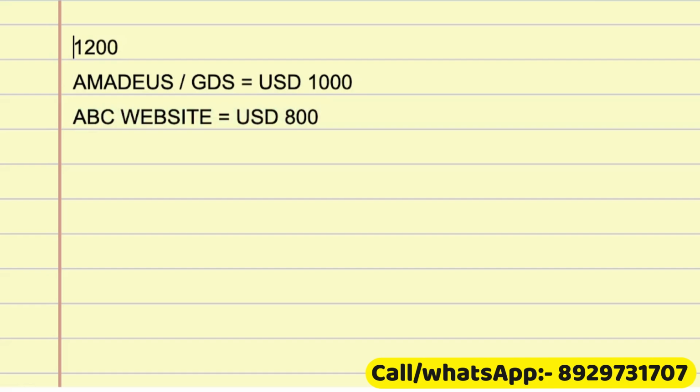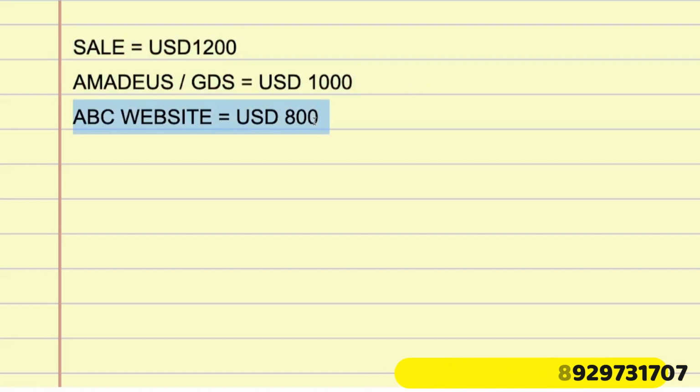Let's say that is your selling price. So you're selling it for $1,200, you're getting it for 1,000 on your Amadeus, and on the third party website you're getting it for 800. Let's say they have a deal, or for any reason they're getting it for a cheaper price. In that case, if we book from our Amadeus, it is not a good choice. We will always be booking from a third party.